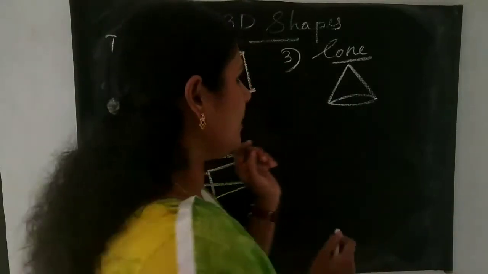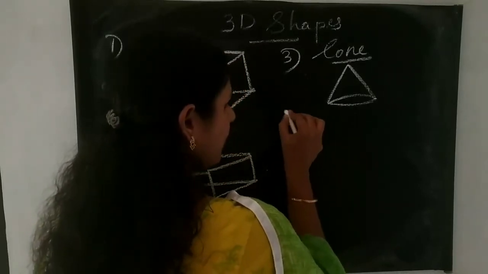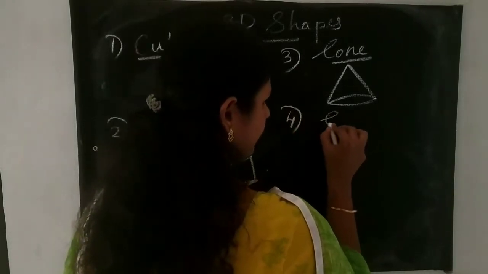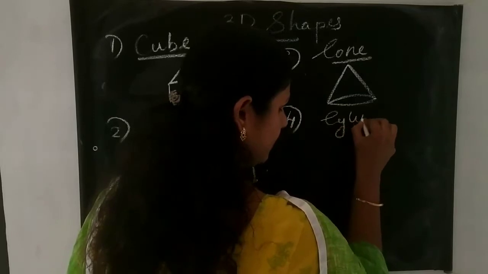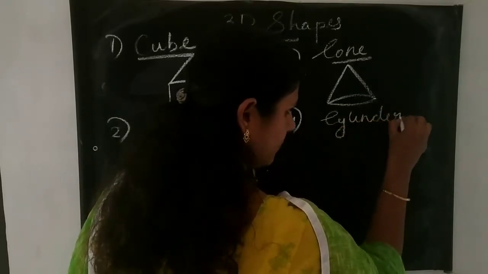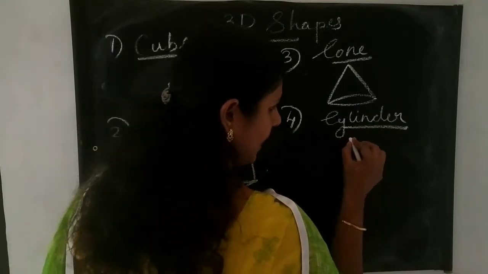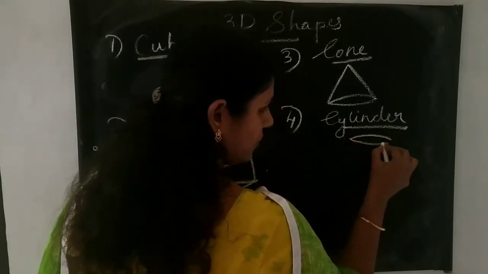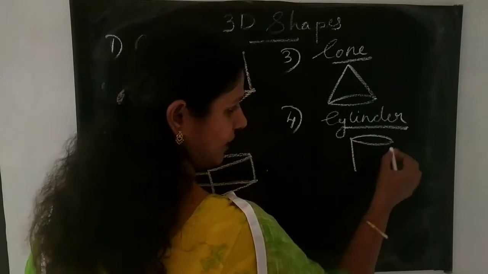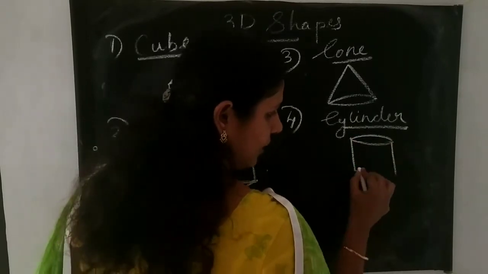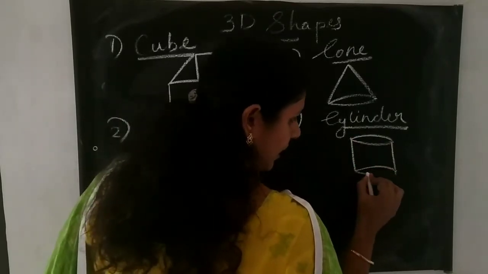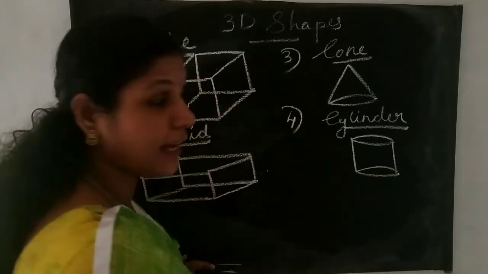Then the fourth one is cylinder. Cylinder looks like this. First you draw a circle like this and draw another circle at the end. This is a cylinder.